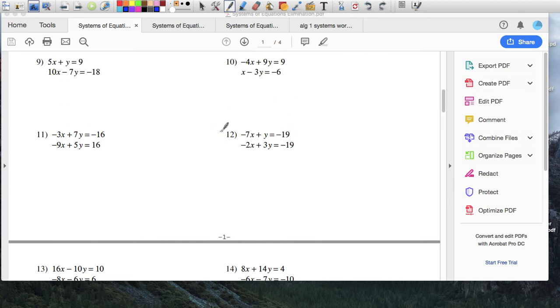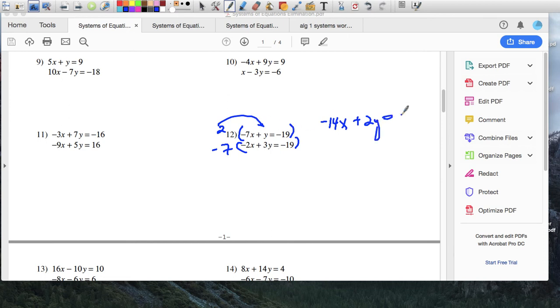So I'm going to multiply that first line by, do I want to make this 14? Why not? So I'm going to multiply that by 2, and I'll multiply this one by, let's make negative 7. 2 times negative 7x is negative 14x. 2 times y is plus 2y.